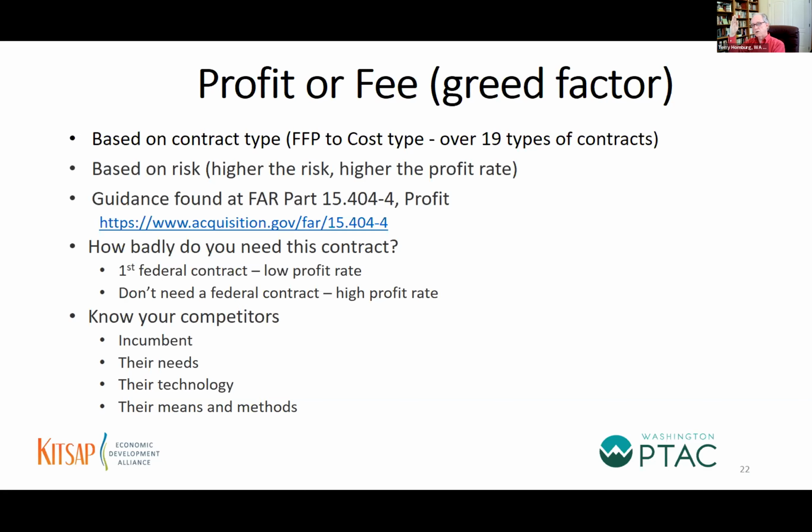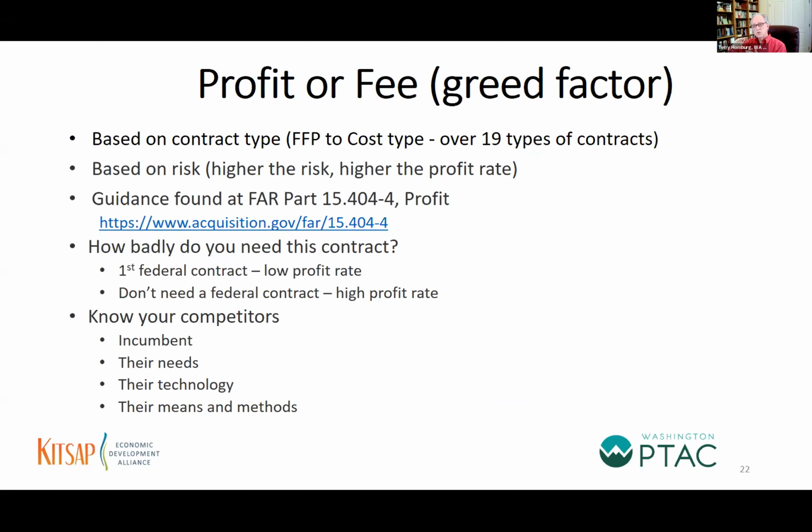So my risk meter is going up. This could be a risky contractor, as opposed to a company whose capability statement shows that they've had a federal contract, or maybe were a subcontractor to a federal prime contractor. Oh, they work for the Navy, they work for the Department of Energy. So the risk meter comes down.